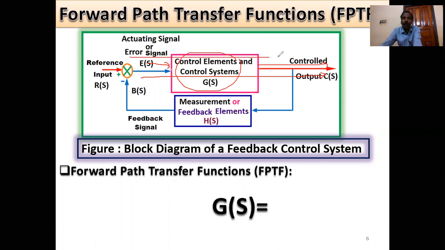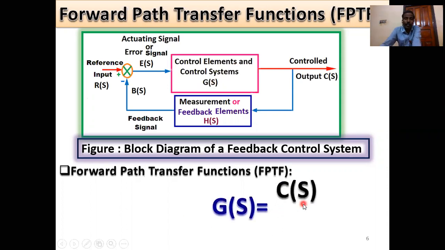So this is the forward path, and the forward path transfer function equals G of S. G of S means the gain of the control elements, or the transfer function equivalent to C of S, the controlled output, divided by the actuating signal or error signal. So the forward path transfer function is G of S.